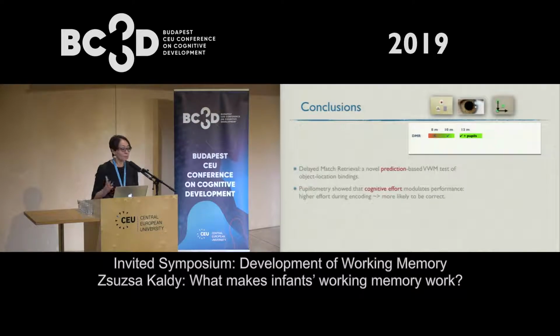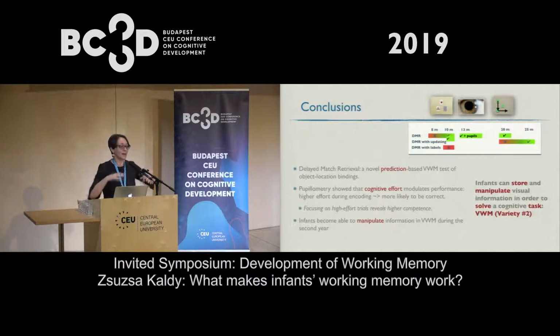I showed you that pupillometry can show this interesting insight into this so far neglected dimension of their performance, which is how much effort they put in. Focusing on higher effort trials, or babies who are in the higher effort state, can reveal higher competence, and babies can manipulate information in their visual working memory during the beginning of their second year.